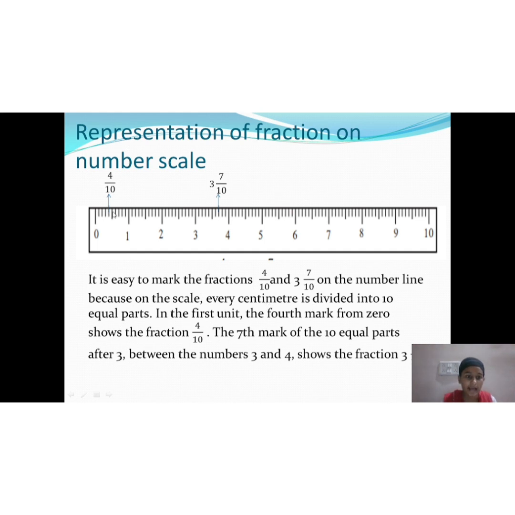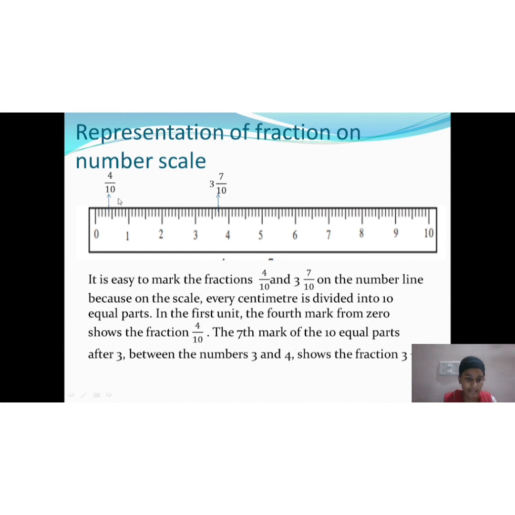Now we know, I asked you how many divisions were there from 0 to 1. You all said 10. So we know that in a number scale every centimeter is divided into 10 equal parts. So in the first unit, the 4th mark from 0 shows the fraction 4 upon 10.